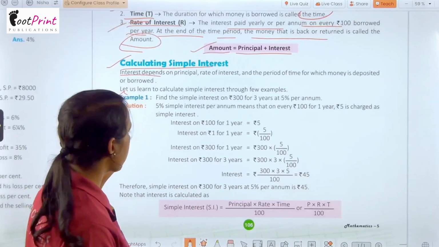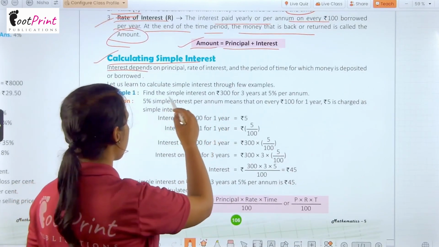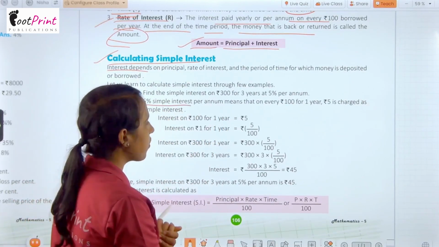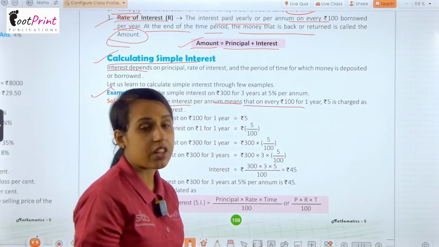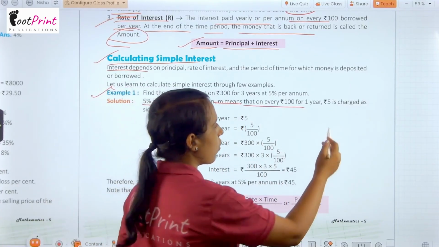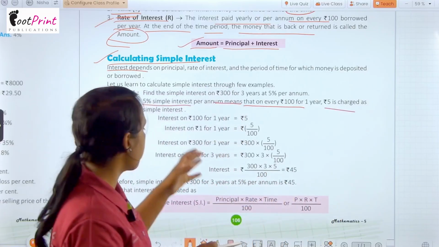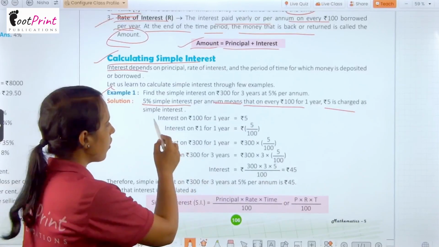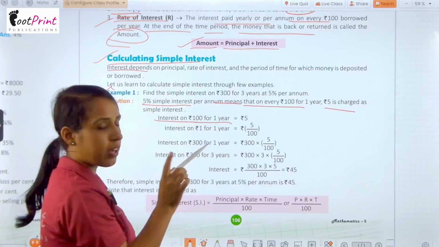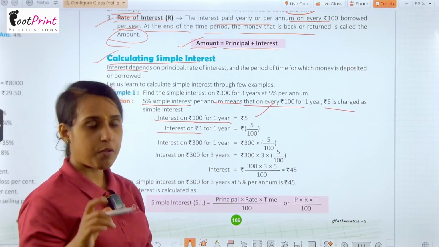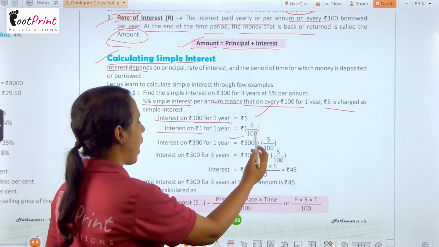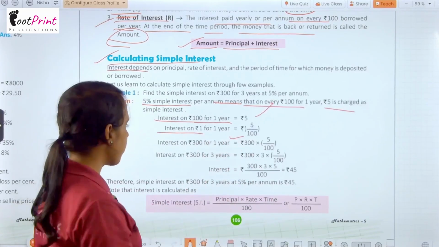So here we can see 5% simple interest per annum means that on every 100 rupees for 1 year, 5 rupees is charged as simple interest. So interest on 100 rupees per year we have 5 rupees. So interest on 1 rupee for 1 year we have 5 upon 100.